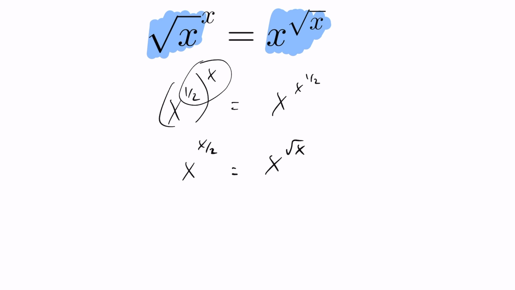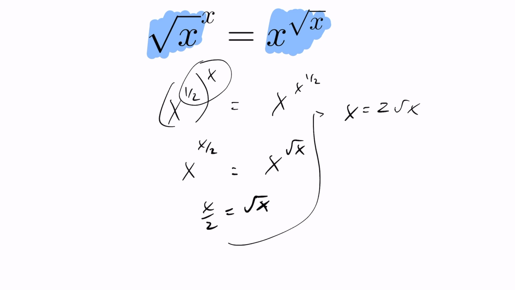So solving this one here, we can see that these are equivalent, assuming that x over 2 is equal to the root of x. So I want to solve this equation, in which case multiply across by 2, you get x equals 2 root x. x minus 2 root x is 0. Can factor out that root of x here, in which case I get root of x times (root of x minus 2) equaling 0.